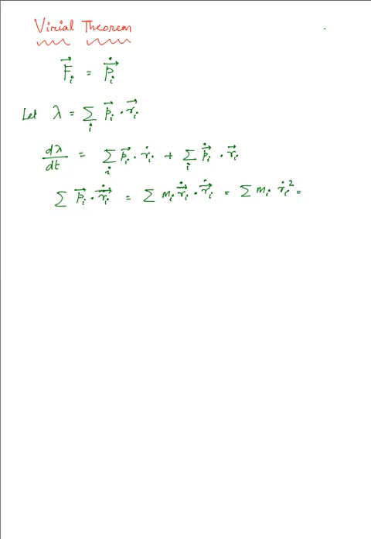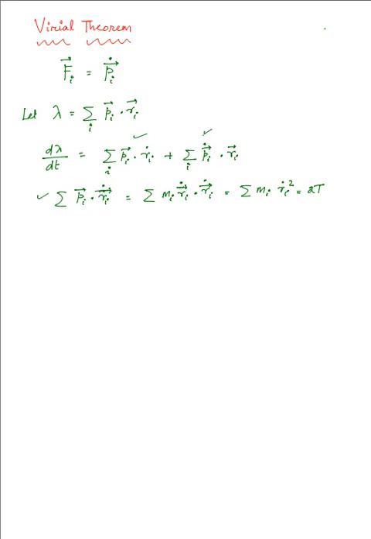Had that been half Mi Ri dot squared, then it would have been T, the kinetic energy term, but because this is not the half, it is double that, so this is 2 times the kinetic energy. And this is the first term that we have over here.